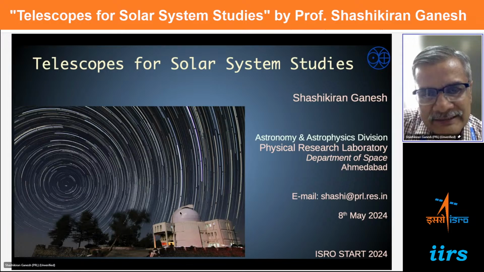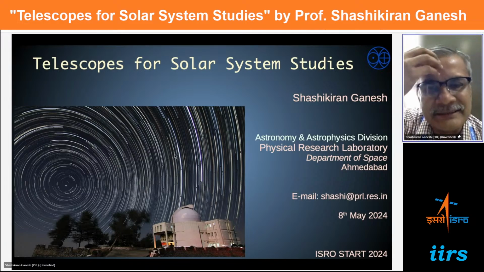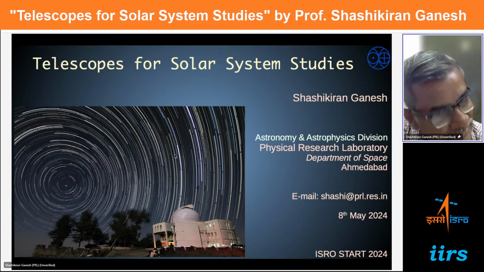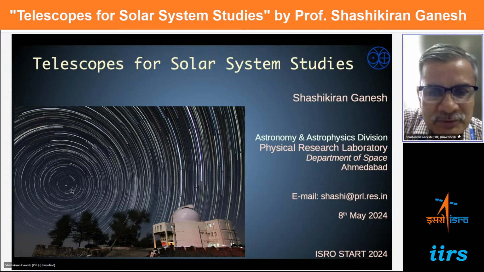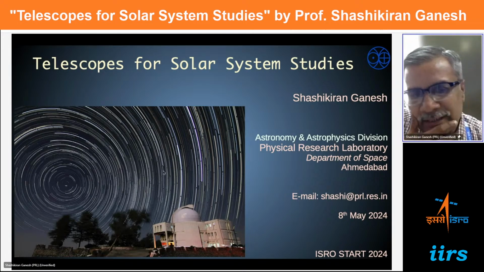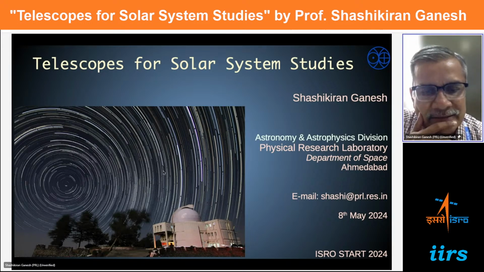So each of them is the track recorded by a star as the Earth rotates on its axis. Okay, with the pole star sitting right here, just about 1 degree away from the true North Pole. So this is what happens if you have a wide field camera sitting on a mount stationary on the surface of the Earth.